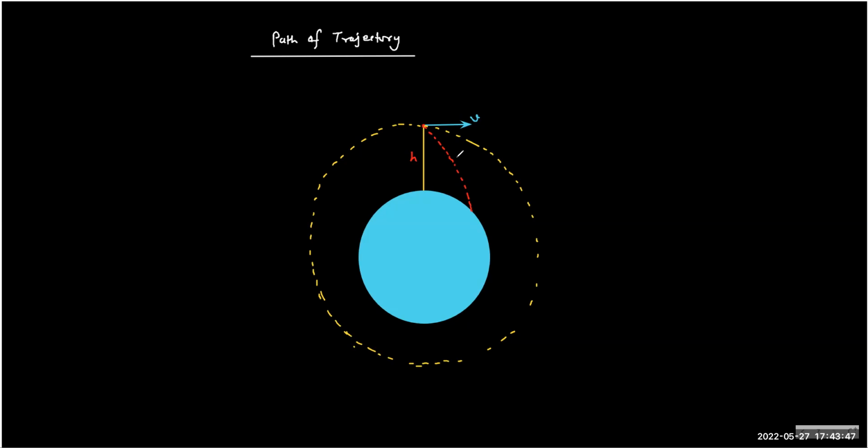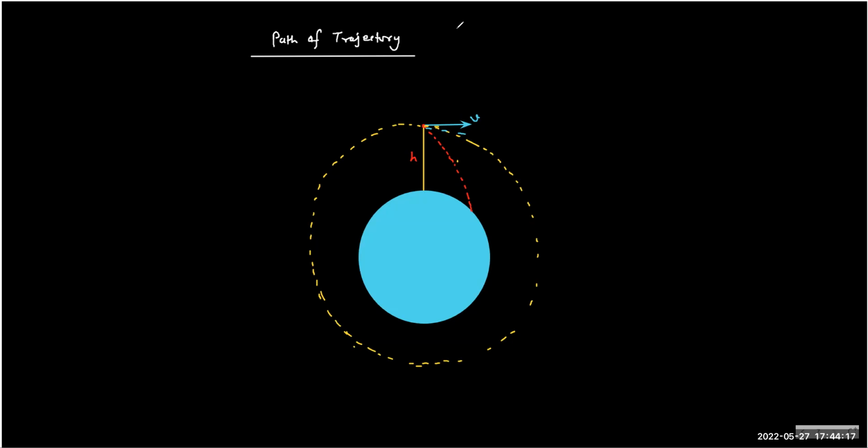Okay, I'll come to that. If you throw even faster, it will start going this way. Sir, will it then join an orbit of a different radius? Yeah, it will move in a big ellipse, a bigger ellipse. I can draw this separately.